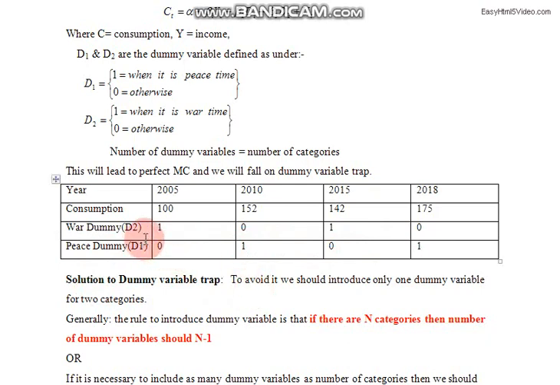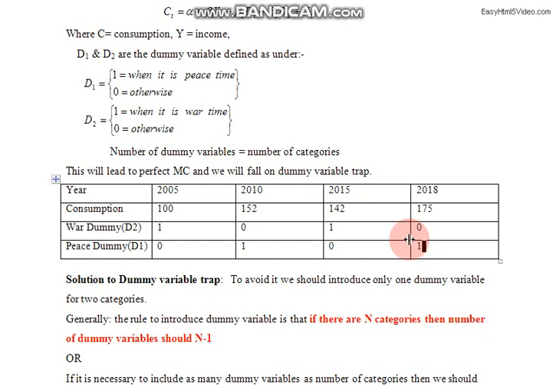So you can clearly see that these two dummy variables are perfectly collinear. Here we have 1, here 0, here 0, here 1, and so on. So there is perfect correlation between these two variables. There will be the problem of multicollinearity in case there is a dummy variable trap.